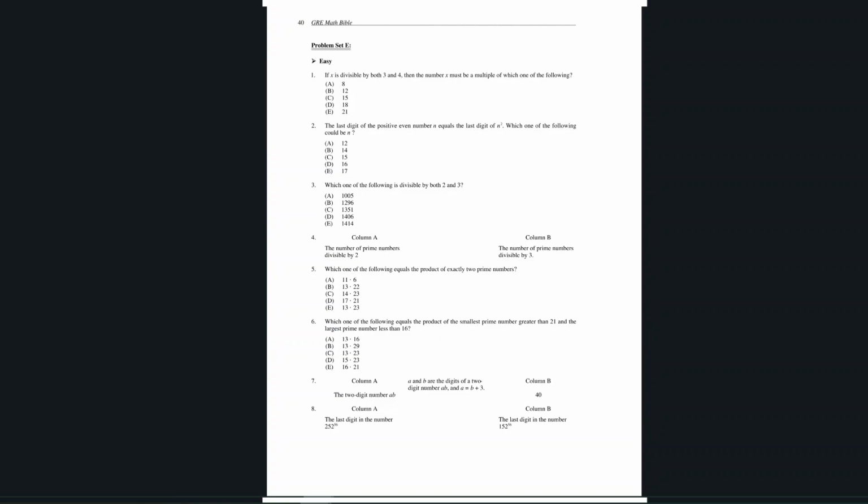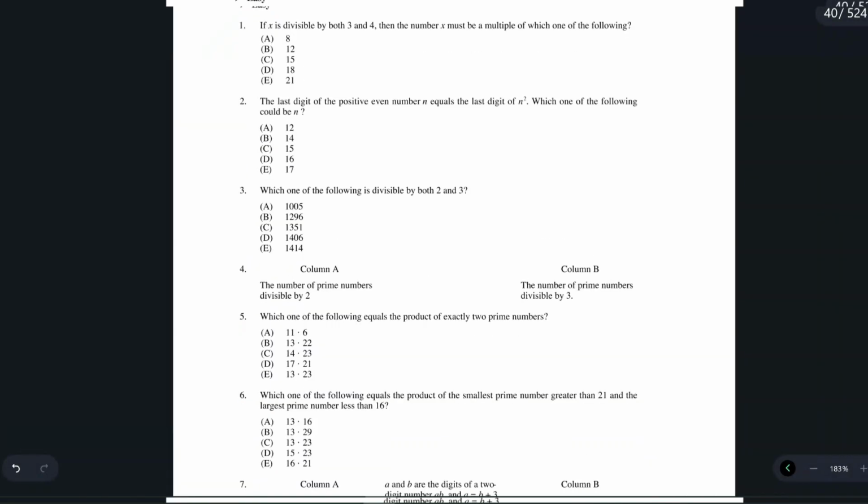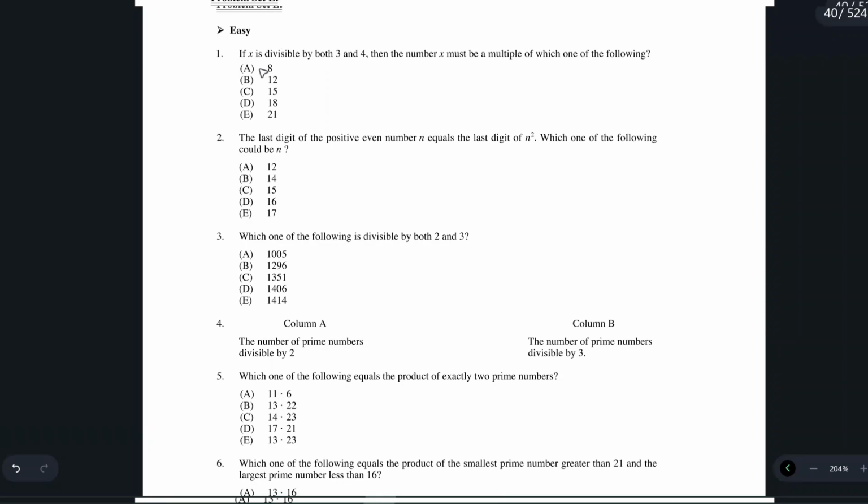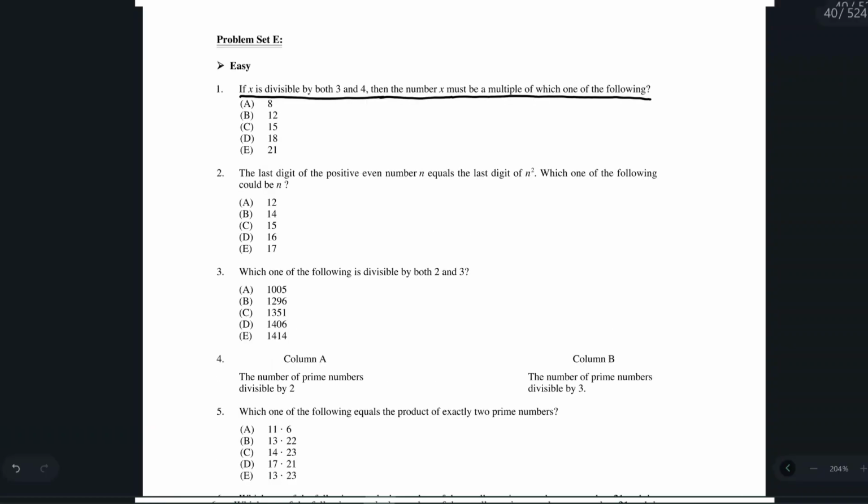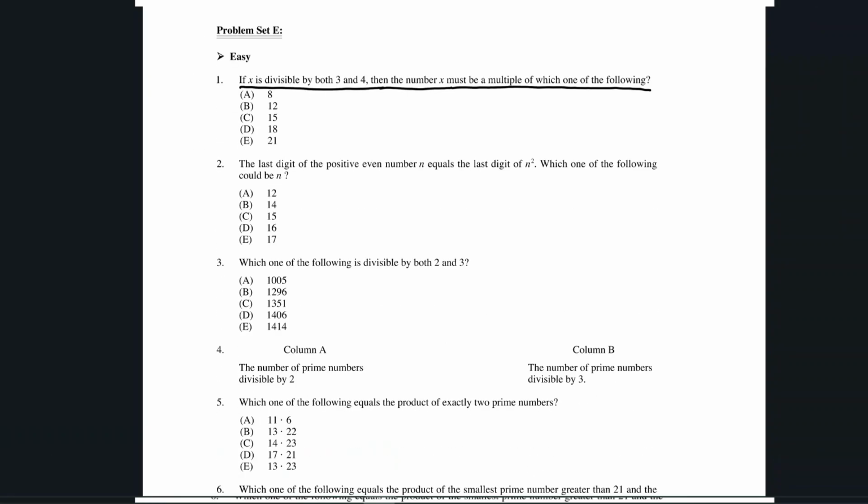So for problem 1, we are given that if x is divisible by 3 and 4, then the number x must be a multiple of which one of the following? Since x is divisible by 3 and 4, we have to look for the least common multiple of 3 and 4. Okay.